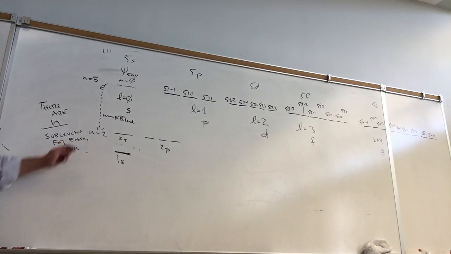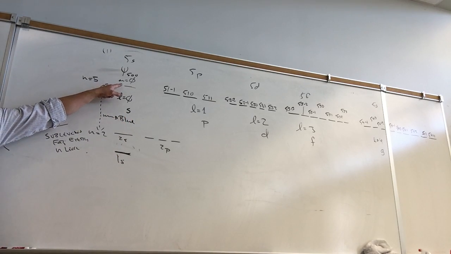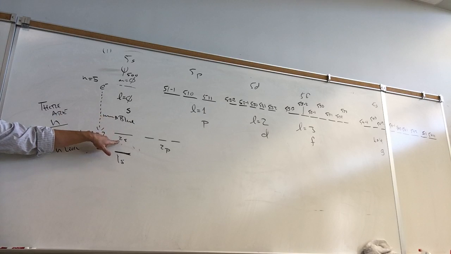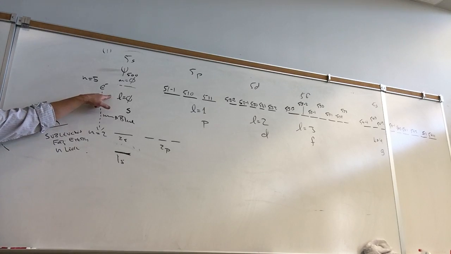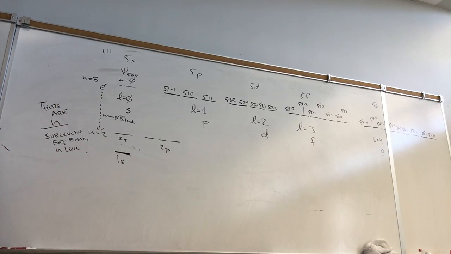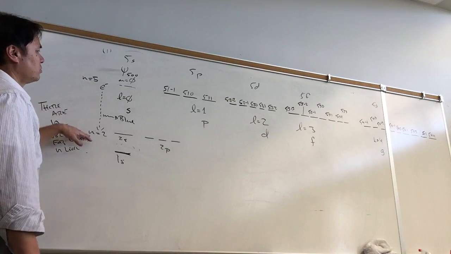Blue light. So if an electron is in one of these 25 orbitals and drops down to one of these 4 orbitals, then we get a blue photon emitted. And this is one of the lines in the hydrogen atom spectrum. In a lot of ways it looks similar because it's just an n equals 5 to n equals 2 transition.